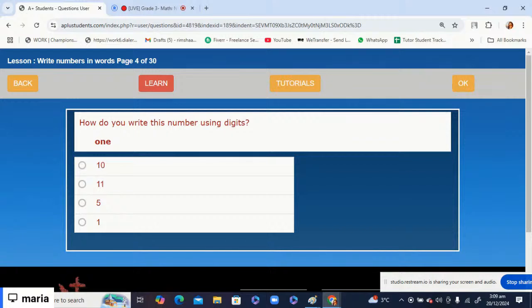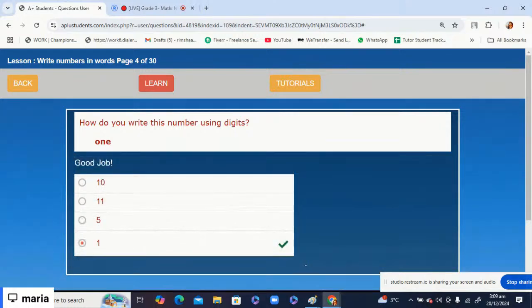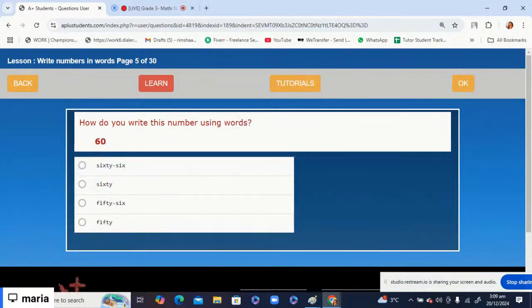Now, how do you write this number using the digits? This is O and E. It's 10, 11, 5 or 1. It's 1. Okay? So, how do you write this number using the digits? This is 6 and 0. It's 66, 60, 56 or 50.